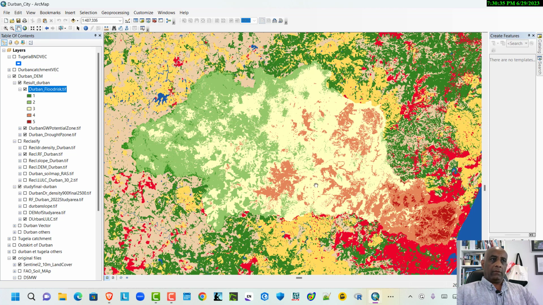And then the other, for Pietermaritzburg, also Pinetown, also this agricultural land. Around Mpumalanga is small, very small. But that is out of the catchment area. The areas around this elevated area, higher elevation, low flood risk zone, we can say.